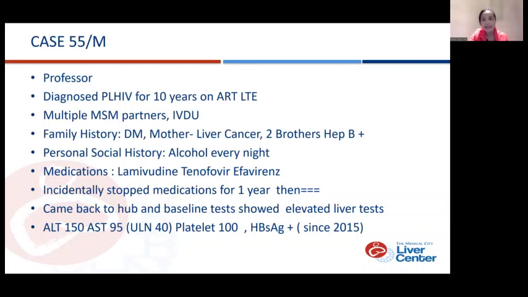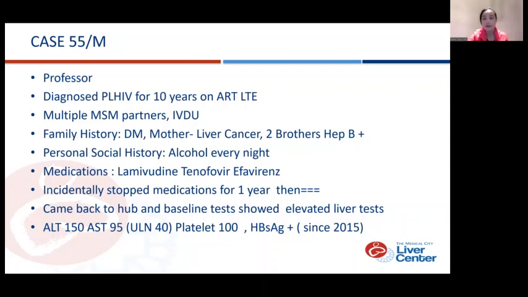So the first case I'll discuss is a 55-year-old male. He's a professor diagnosed with HIV for the past 10 years on lamivudine, tenofovir, and efavirenz. He has multiple high-risk exposures, multiple MSM partners, occasional IV drug use, and family history of diabetes.